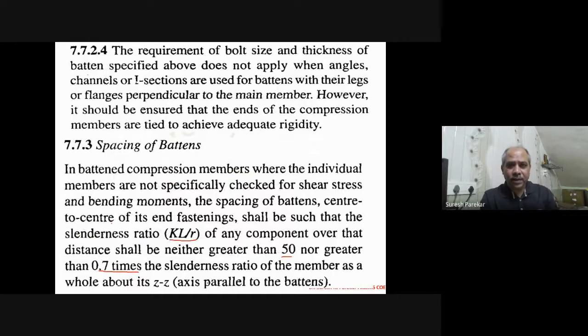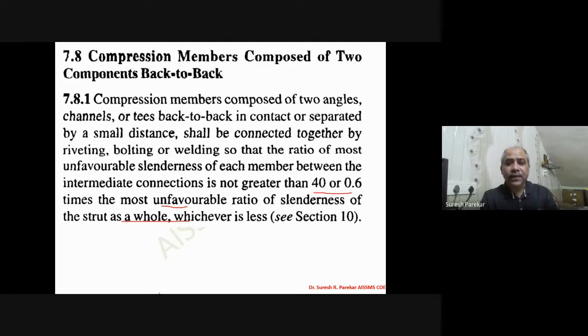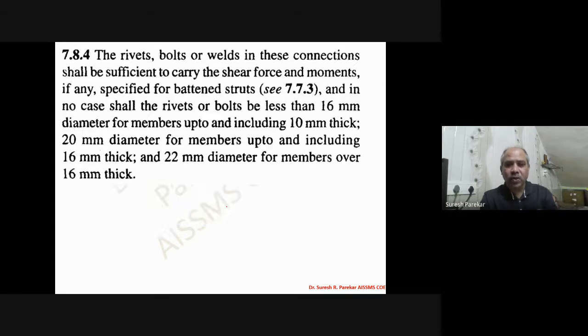Then in battens, again KL upon R should not be greater than 50 or 0.7 times the slenderness ratio of the member. Here we have to check this value, that is, the distance shall be connected by riveting, bolting or welding so that the most unfavorable slenderness ratio is not greater than 40 or 0.6 times the slenderness ratio of the strut as a whole.